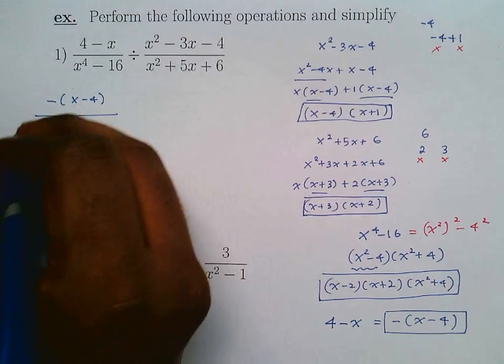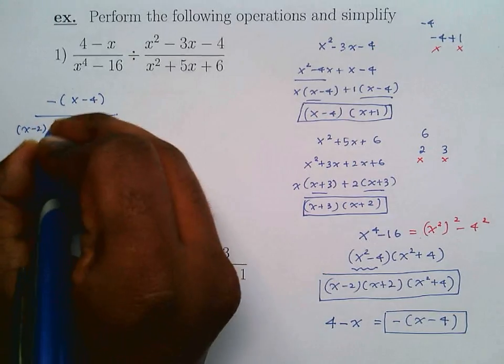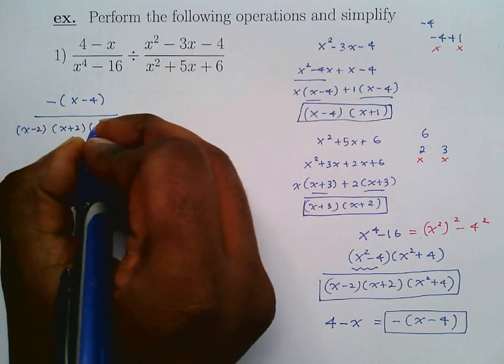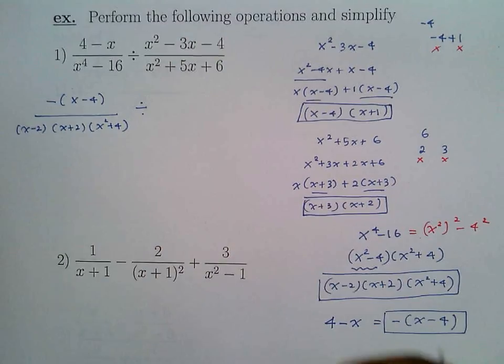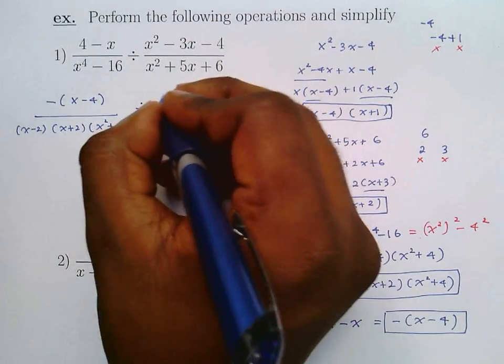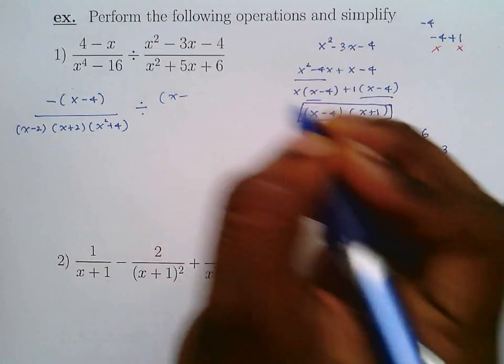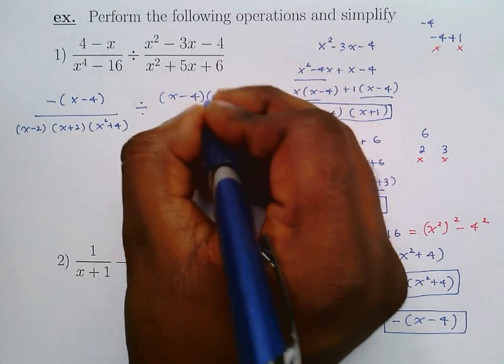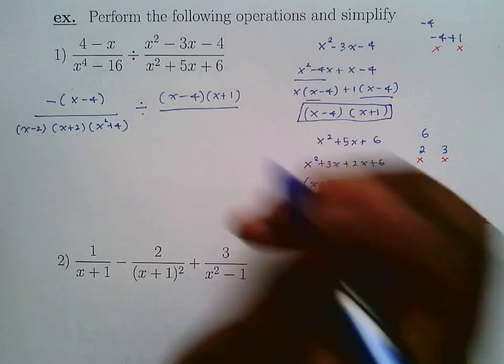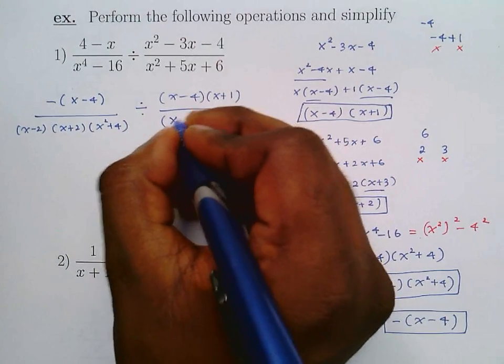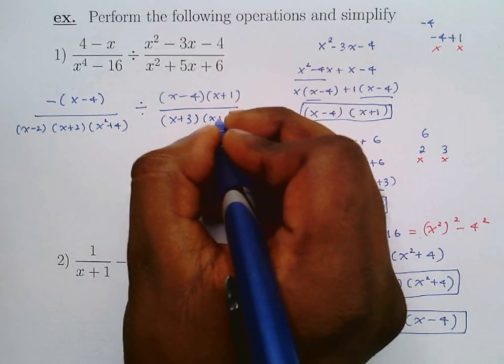This can be factored as x minus 2, x plus 2, x squared plus 4, divided by x minus 4, x plus 1, over x plus 3, x plus 2.